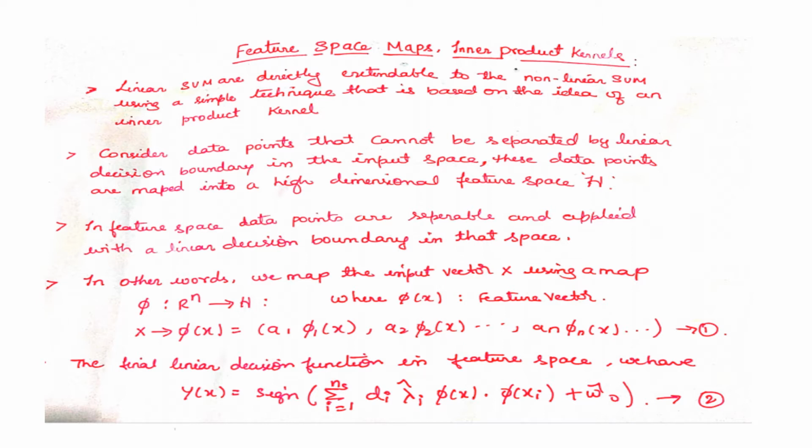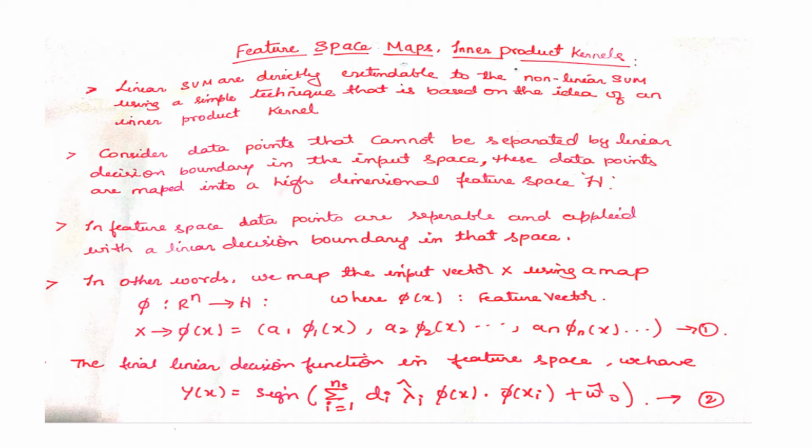In other words, we map the input vector x using a map function phi, from n-dimensional real numbers to the H feature space. Phi of x is called the feature vector. So x is mapped to phi of x, which is given by a1 phi 1 of x, a2 phi 2 of x, like that up to an phi n of x. So we can have a large or even infinite number of dimensions.